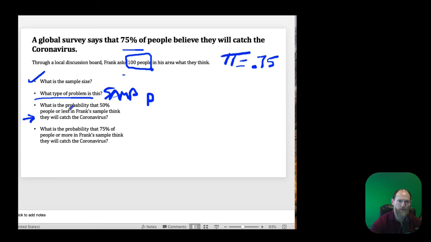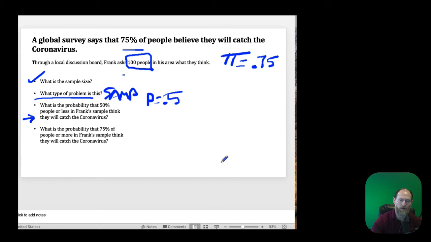What is the probability that 50% of people or less within Frank's sample think they will catch the coronavirus? So this is giving us a value for P of 0.5.